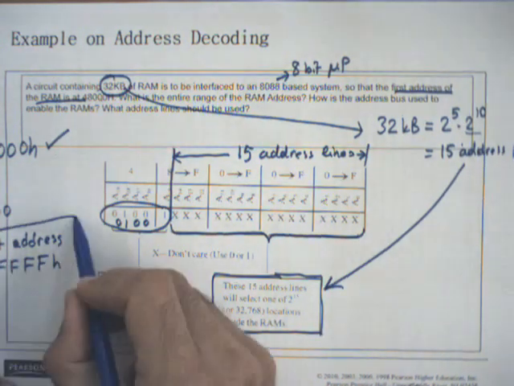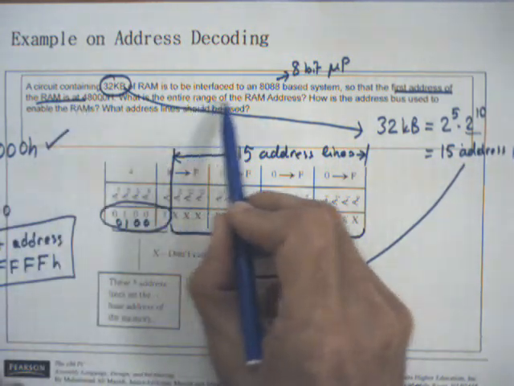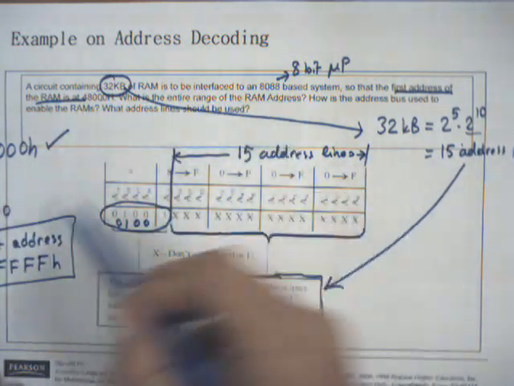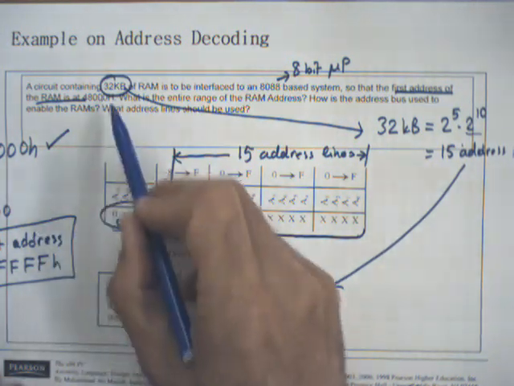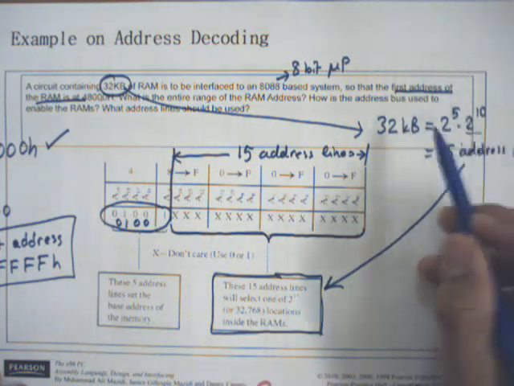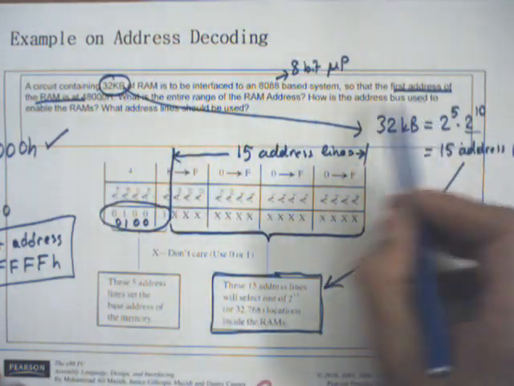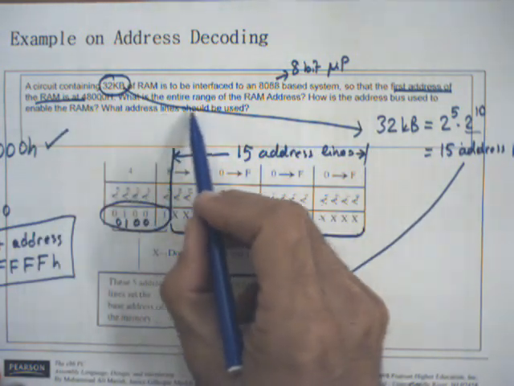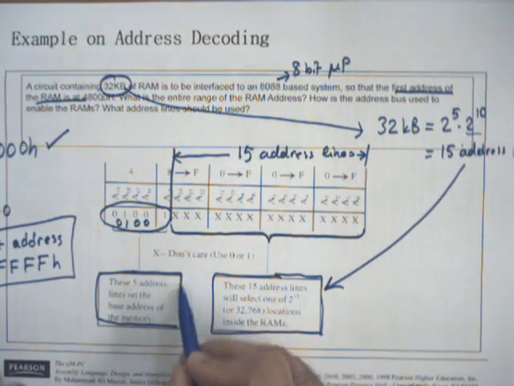Okay. So this is the base address. What's the entire range of the RAM address, from this address to that address? There are 32 kilobytes or 32768 locations. How is the address bus used to enable the RAMs? What address lines should be used? So these 5 address lines should be used.